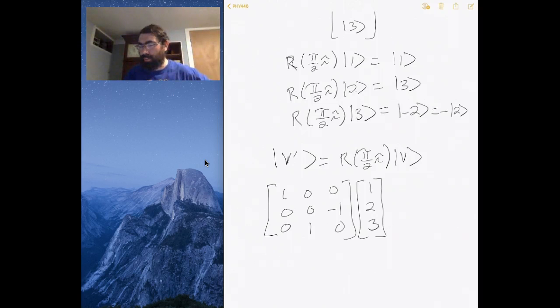So I'm multiplying this 3 by 3 matrix on my original vector, which is just x, y, and z. And then what I get is the result I have above. X doesn't change, y becomes z, and z becomes negative y.